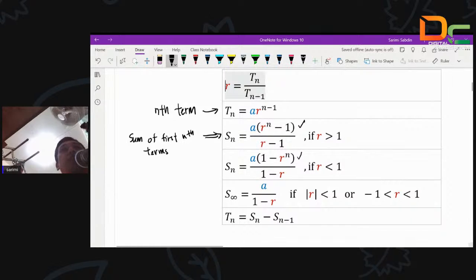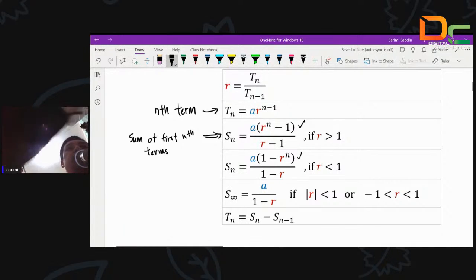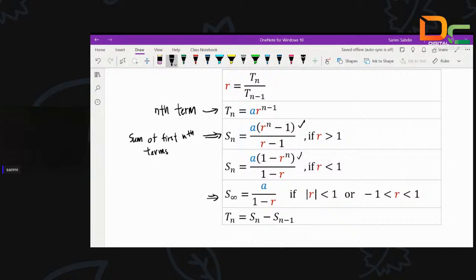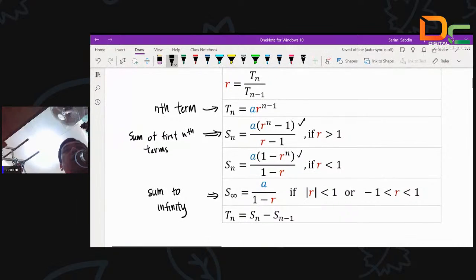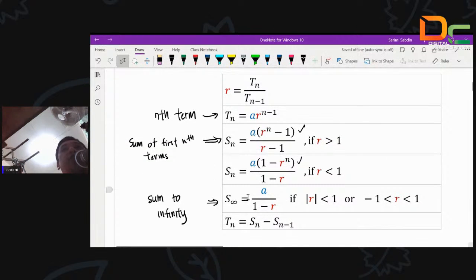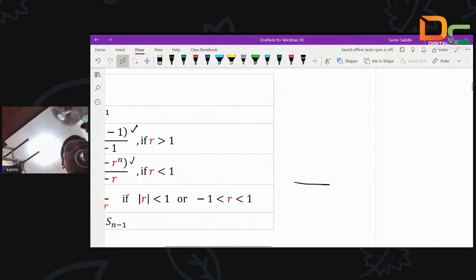And in geometric progression, we have a special summation, which is the sum to infinity. It only exists in geometric progression and only exists when the modulus of R is less than 1, or in other words, R is between the values of -1 and 1 on the number line.